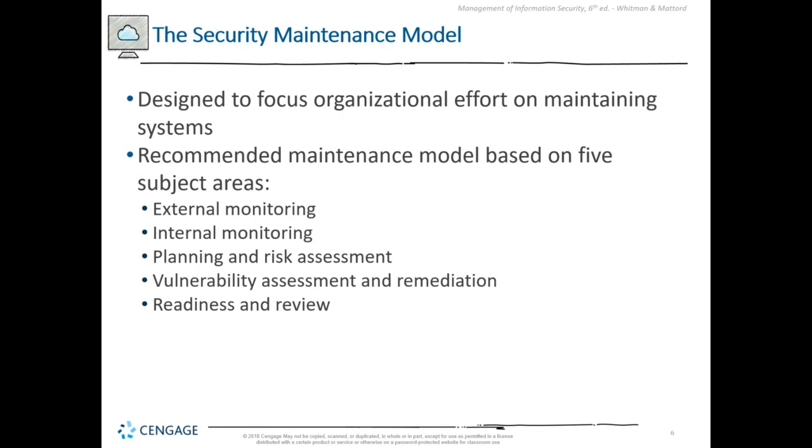The third area in this maintenance model is network. Well, before we get there, let's start with network characterization and inventory back in the internal monitoring. So the organization should have a maintained, carefully planned, and fully populated inventory of network devices, communication channels, and computer devices.